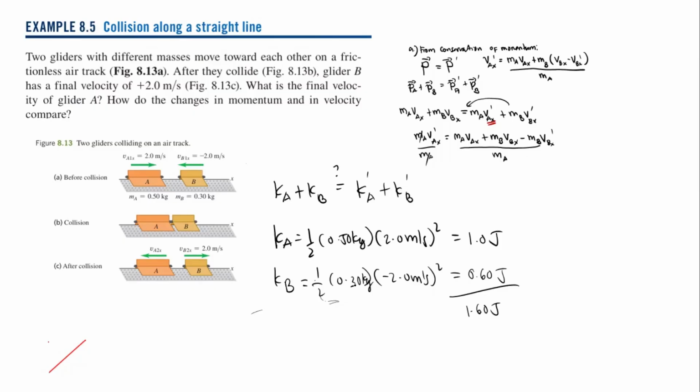Our goal here is to find the final kinetic energies. Ka prime is equal to 1/2 times 0.50 kilograms times the answer from last time, negative 0.4 meters per second, squared: 0.5 times 0.5 times 0.4 squared.